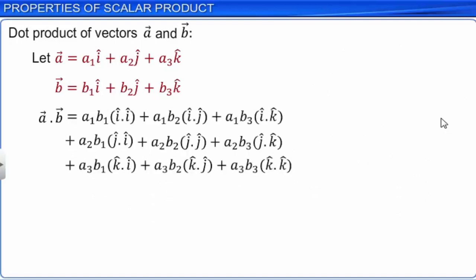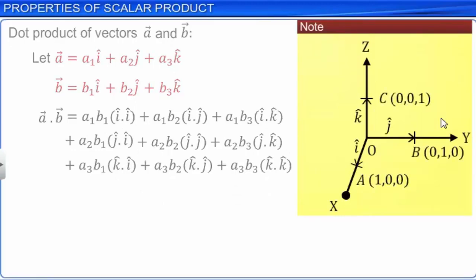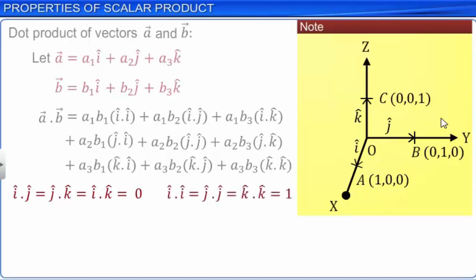We know that unit vectors i, j and k are mutually perpendicular to each other. We also know that the dot product of two mutually perpendicular vectors is 0, and the dot product of a unit vector with itself is equal to 1.